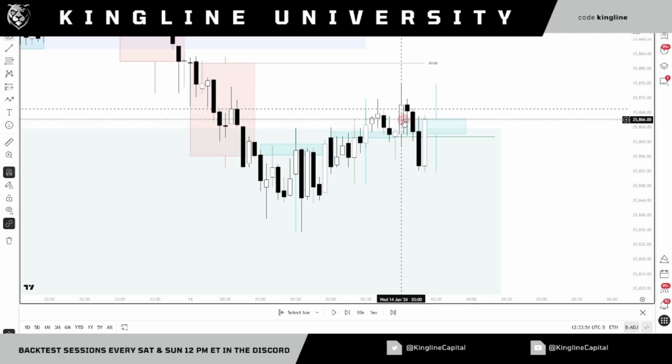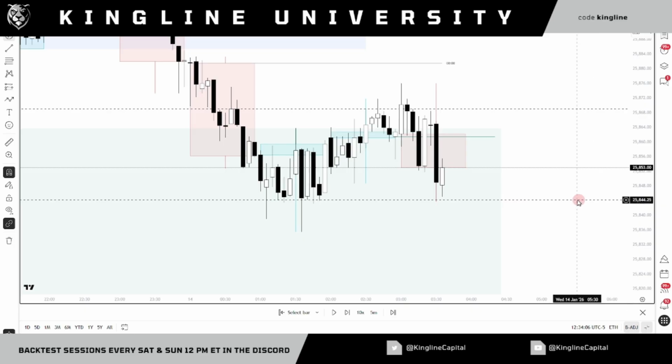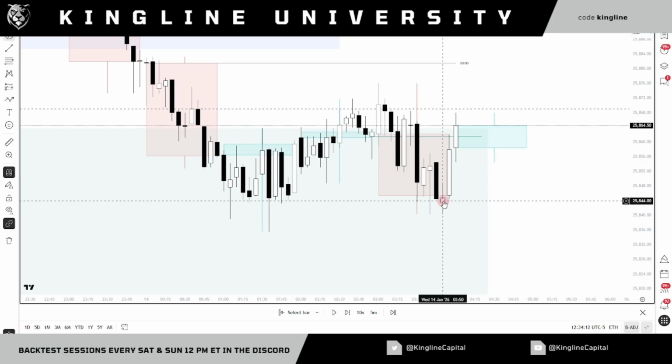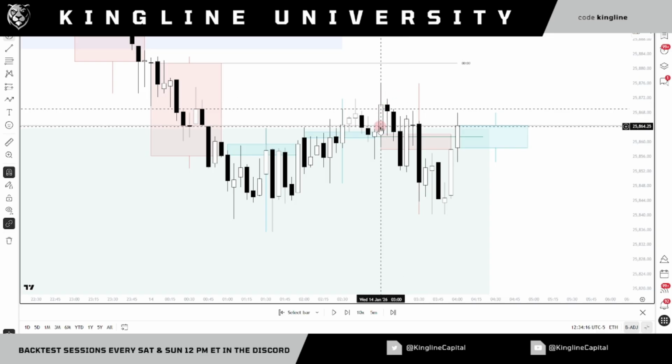We don't have a close on this candle yet, so I'm going to wait to see where this candle closes first. This 3 a.m. candle. Watch me be wrong. Darn. Okay, so 3 a.m. does close down here. So now this is definitely a valid sweep.